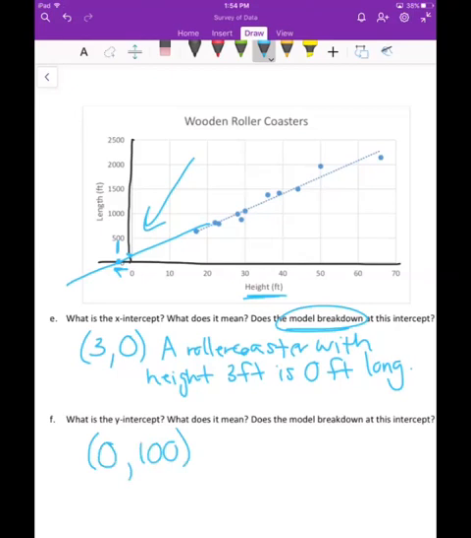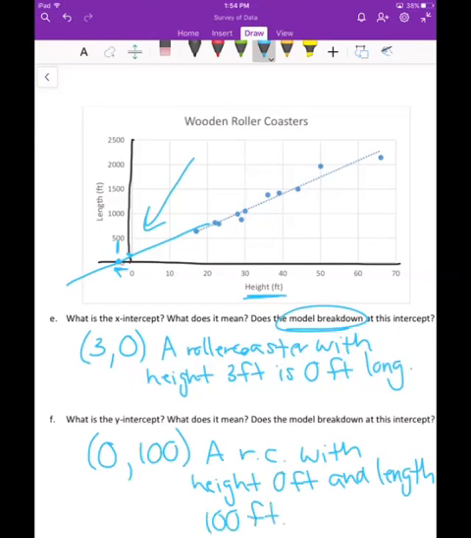So this would be a roller coaster with height 0, because this time x is 0, the height is 0 feet, and length 100 feet. And again, I would say we had model breakdown at this point because why would we be looking at a roller coaster with height 0 feet and it's still having a length? We would assume that that point should be around 0, 0 there.